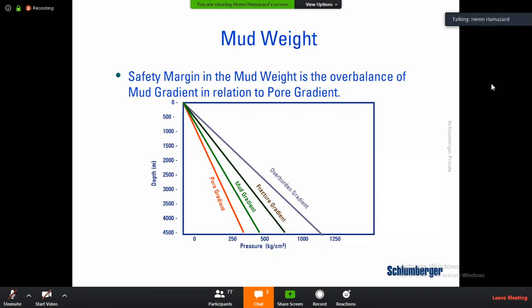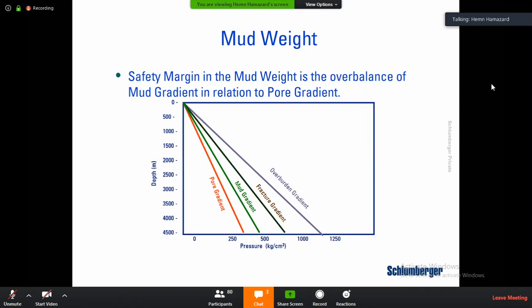But what value would you pick to drill a section? Here you have what they call a window. You have a limit you cannot exceed, and another limit you cannot be below. The pore gradient or the pore pressure, as we discussed: if I use 8.5 ppg mud weight and multiply this by the depth and the conversion factor, is that going to be overbalanced?